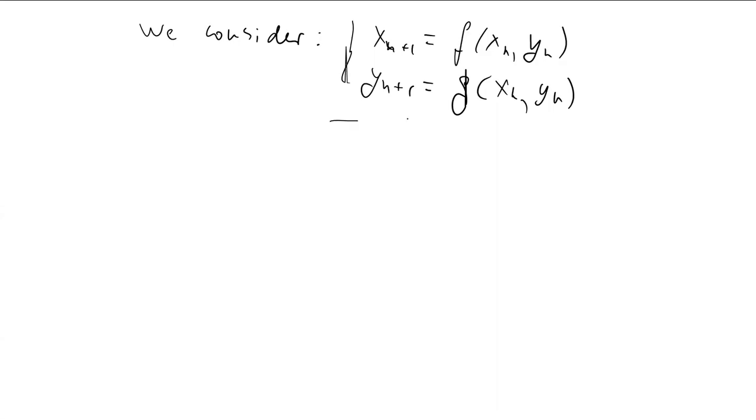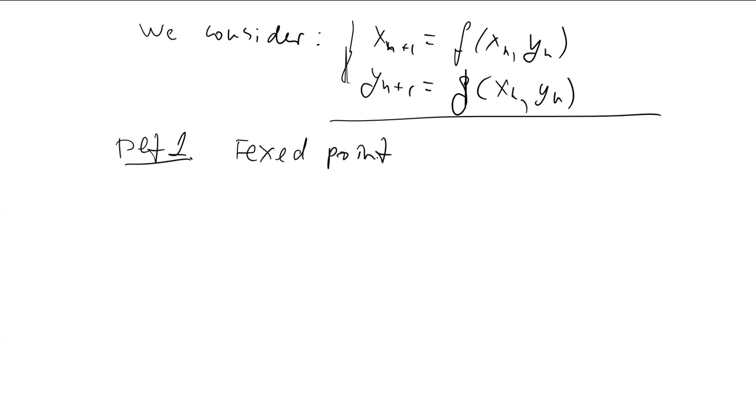So this is the map we consider. Now we introduce a few definitions. Definition 1. Fixed point.